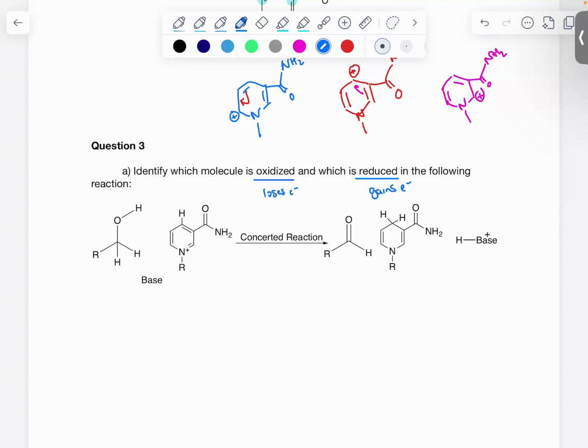A good example of oxidation and reduction to just kind of memorize, or you'll see it often enough that you should recognize it, is an alcohol to an aldehyde is an oxidation. And so we would say that our alcohol here is oxidized, which means that our other molecule has to be the one that is reduced.